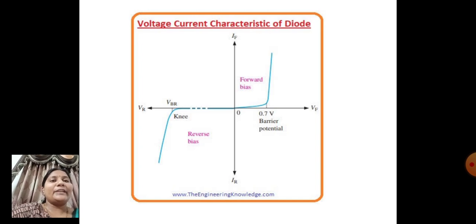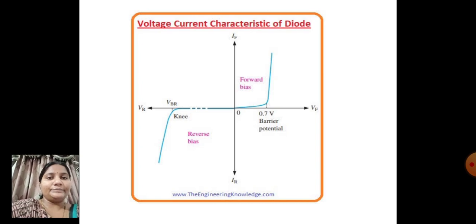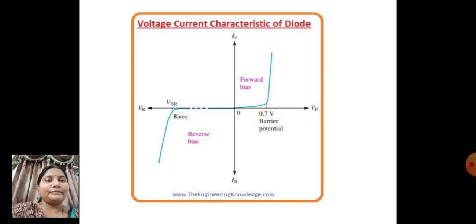In the same way, when a PN junction diode is connected in the reverse bias, the input voltage is known as VR, reverse voltage, and the output current is known as IR, reverse current. Clear?